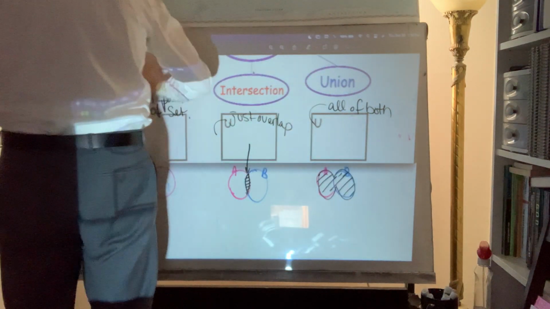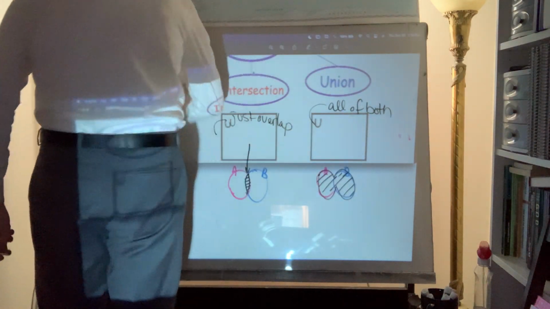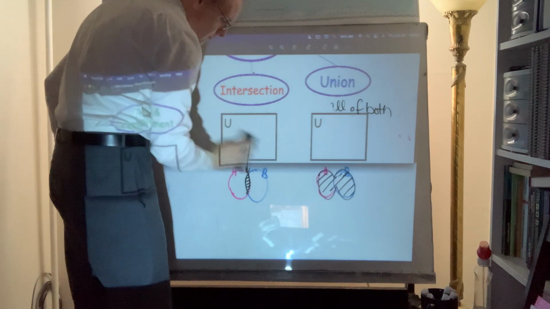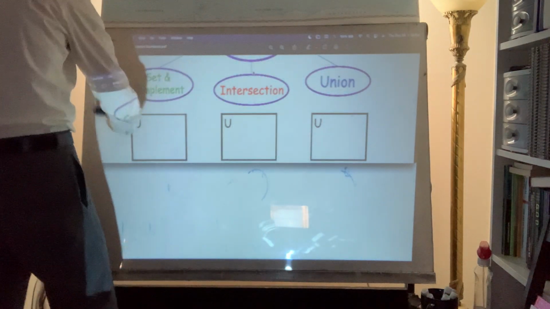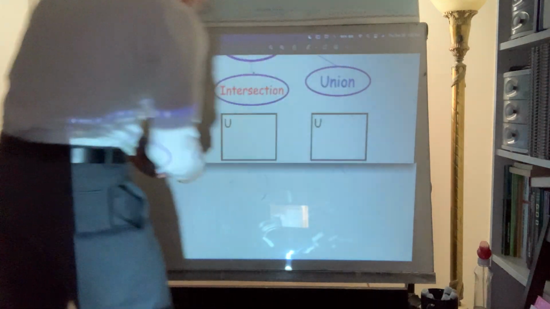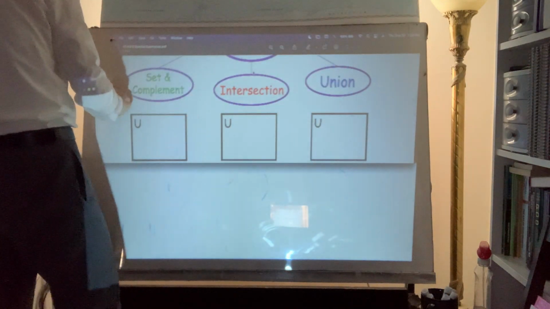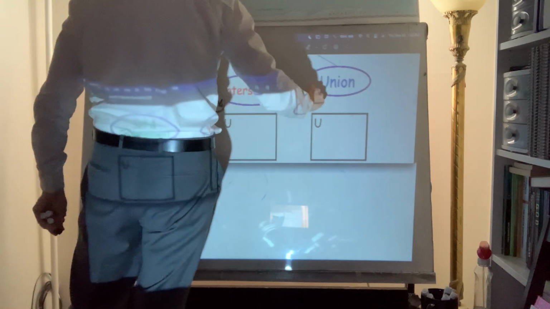The way it prints out is that there's a little bit of extra space underneath. An example for this, an example for this, and an example for this.